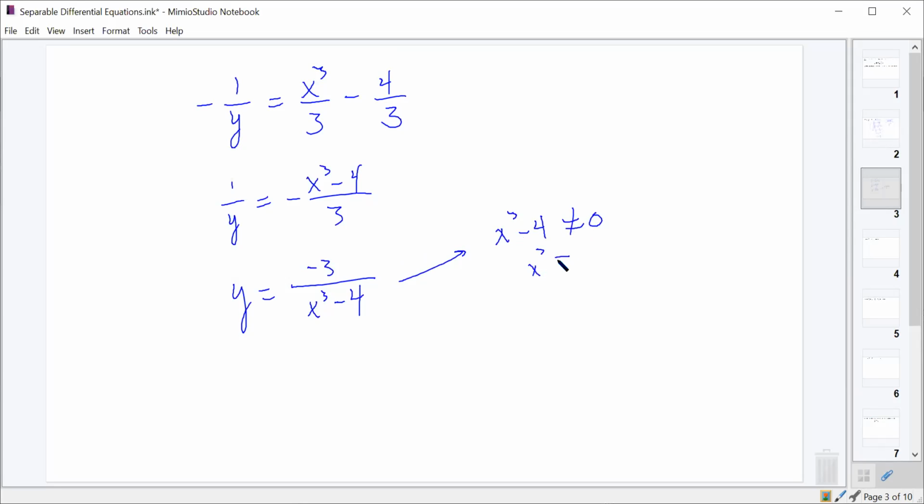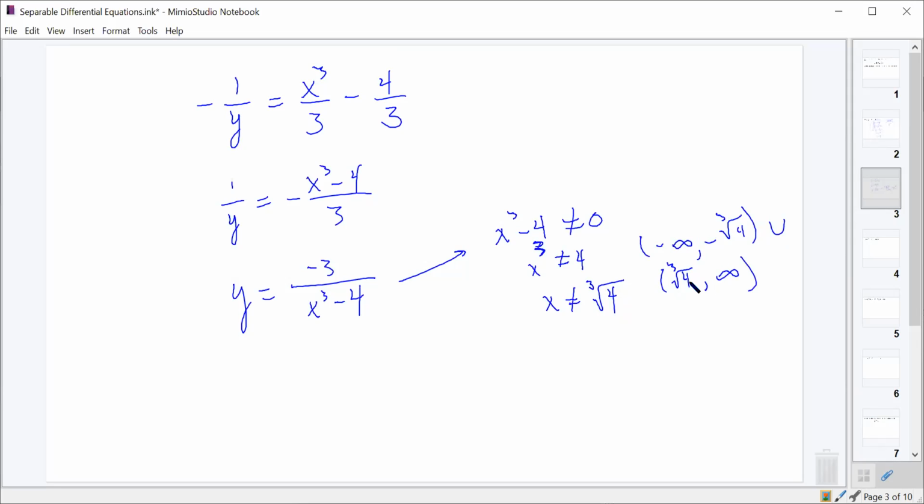That means that x cubed can't be 4, or x cannot be the cube root of 4, which tells us the domain is negative infinity to negative cube root of 4 union cube root of 4 to infinity.